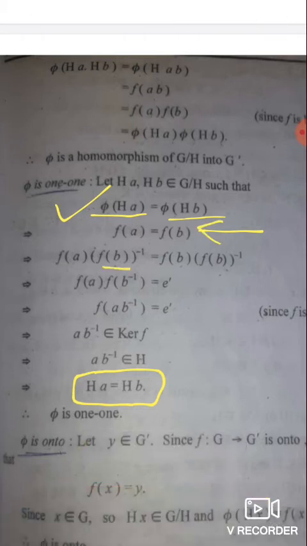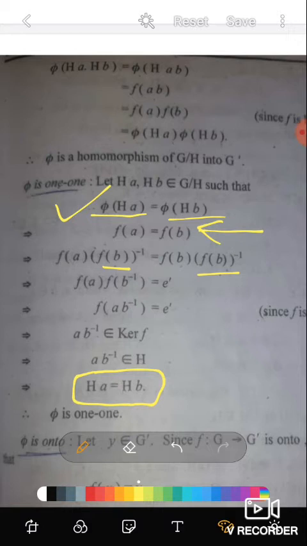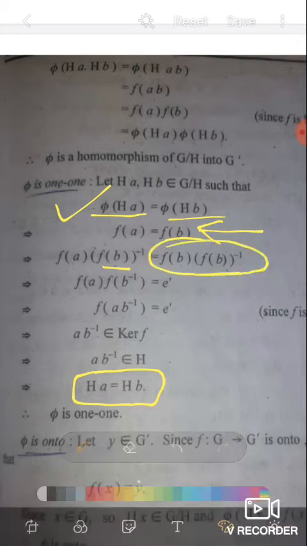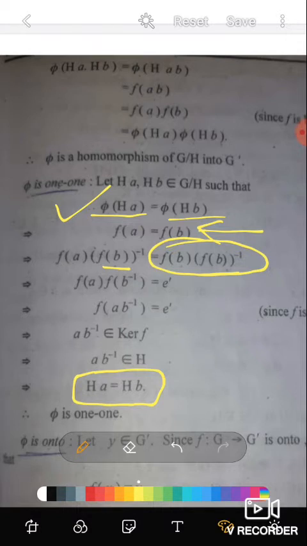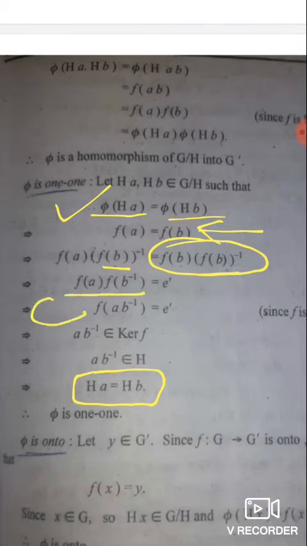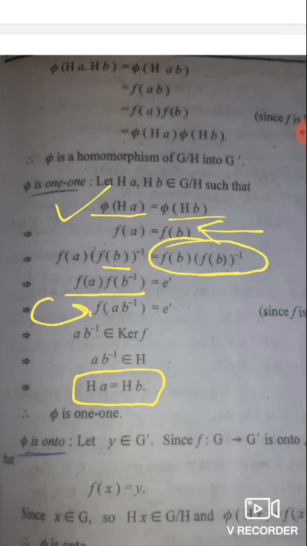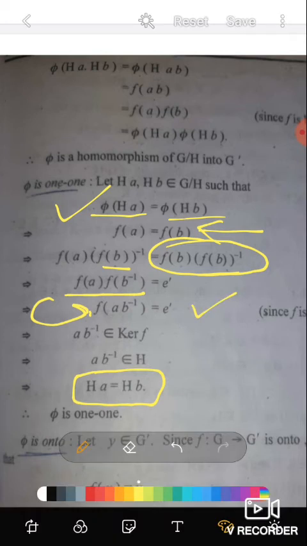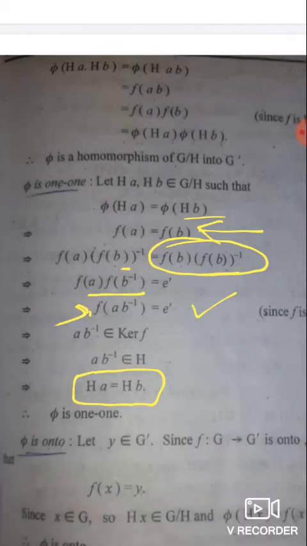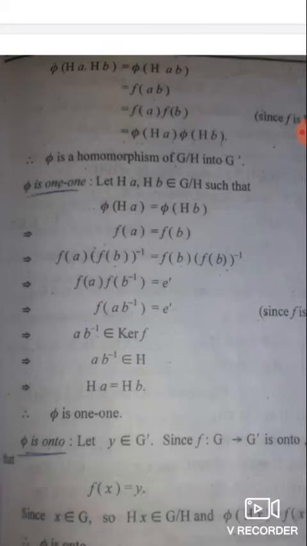We will multiply the inverse of this element on both sides. So this will be equal to the identity element. This is by the definition of homomorphism. That's why in the first step we proved function f as a homomorphism, because we have to use it in the later stages.